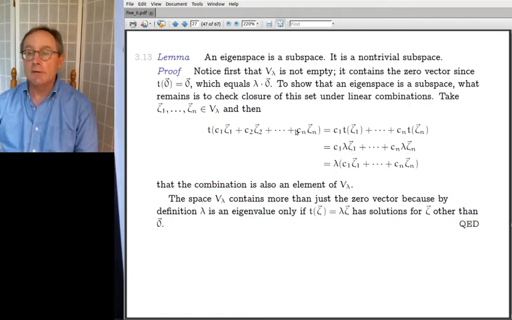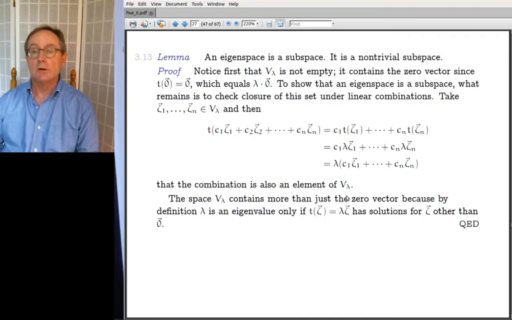And so T of the combination is lambda times the combination, and that's exactly the criteria to be in V lambda. Okay, and the space V lambda contains more than just the zero vector, because by definition lambda is an eigenvalue only if there are non-zero solutions.